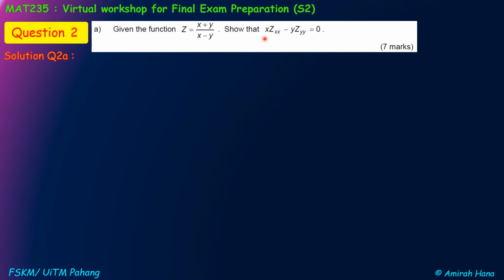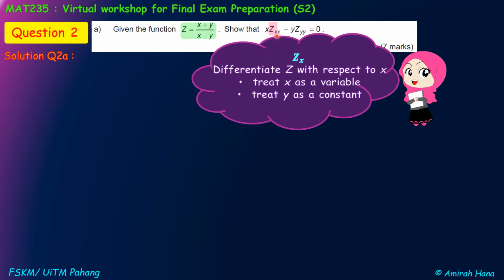To show that z_x minus y z_yy equals 0, first we need to find z_x. To find z_x, we differentiate z equals (x plus y) over (x minus y) with respect to x. We treat x as a variable and at the same time we treat y as a constant.